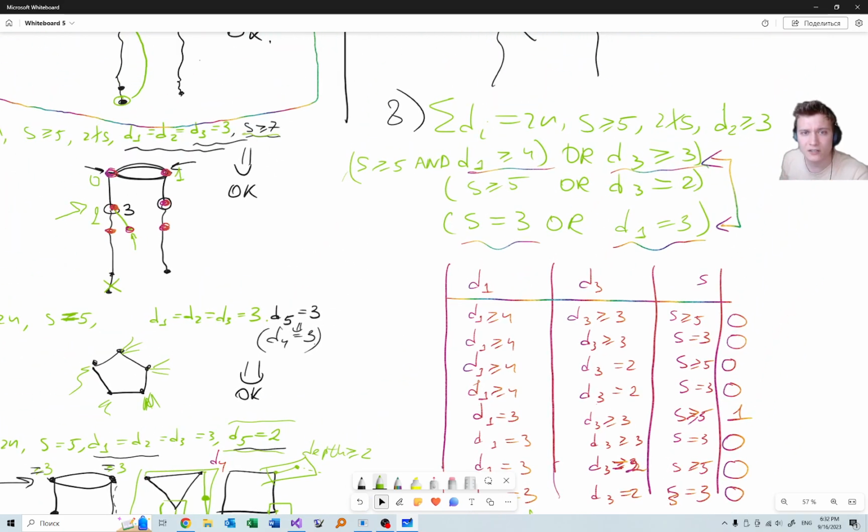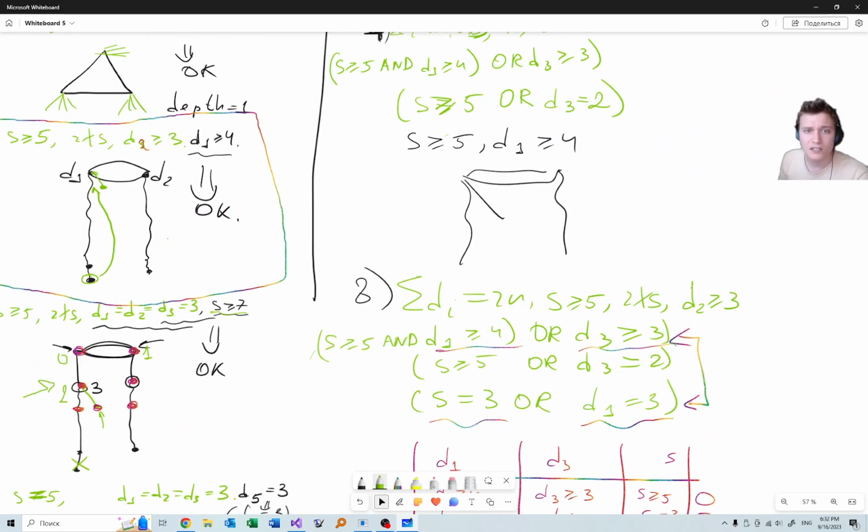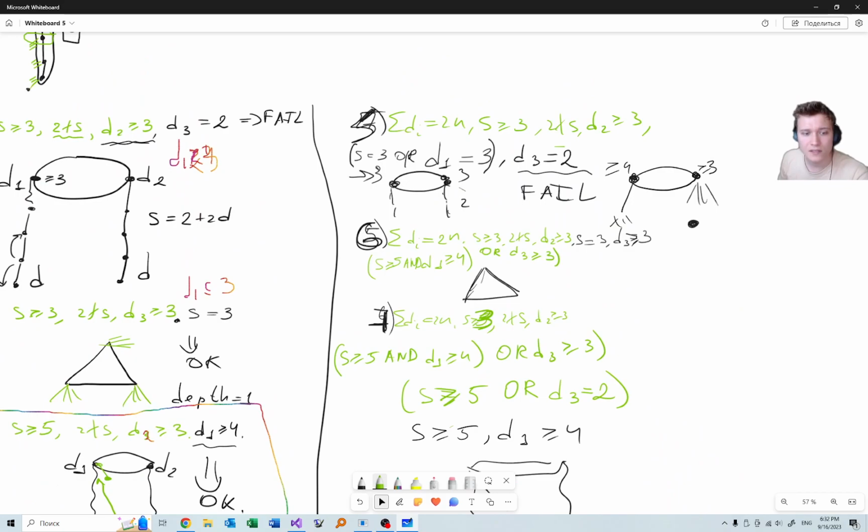Okay, I actually have done this, and I need to fix the case consideration. Oh. So actually, I only need here, let's rewrite.